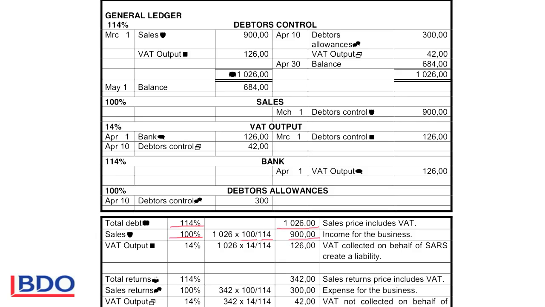Then we also have to find out what is the value of the VAT. VAT is 14%. The total amount given was 1026. That equals 114%. So if we want to calculate the VAT, the one that we want, 14, at the top, the one that was given, 114, at the bottom, and that will give us 126 Rand as VAT.